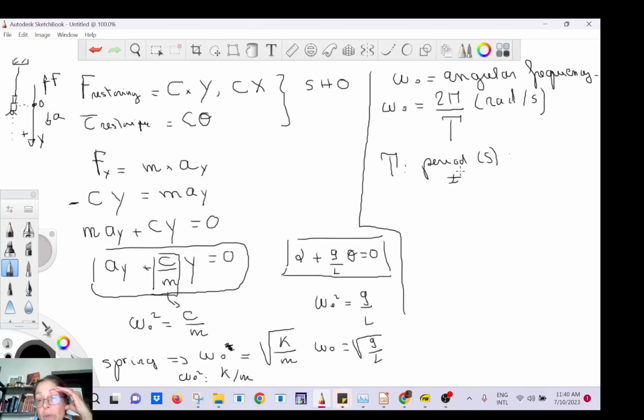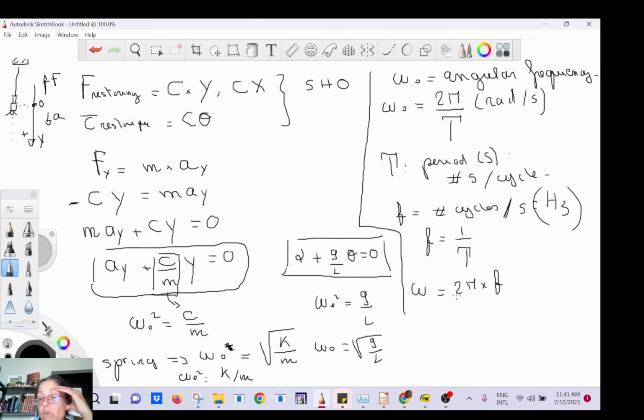So that will be the number of seconds for one cycle. And then you have the frequency, which is the number of cycles per second, and the unit is hertz. Of course, frequency equals 1 over the period. You see they are reciprocal. And then you have omega, which is like a frequency because it's proportional here, but with a 2 pi. So that will be how many radians per second.